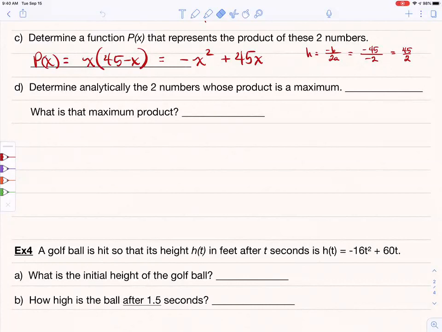Now, last time we talked about anytime we say the word maximum or the word minimum, what should our brain automatically be thinking? Vertex. Oh, wait, we've got a shortcut for finding the vertex. Somebody look at their notes and tell me, what is the shortcut for finding the h value of the vertex?